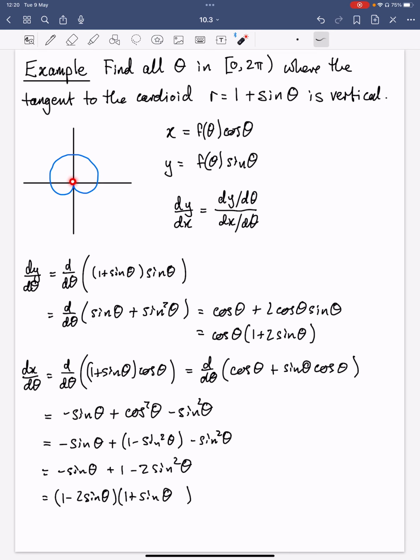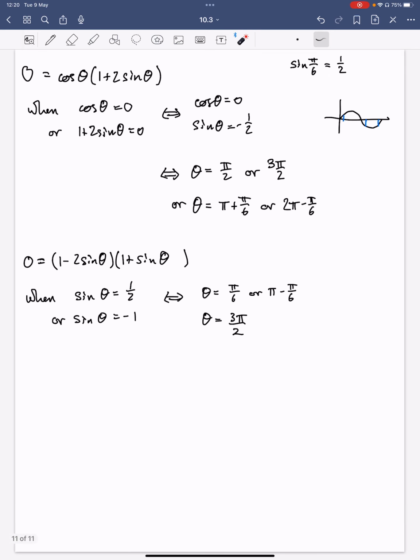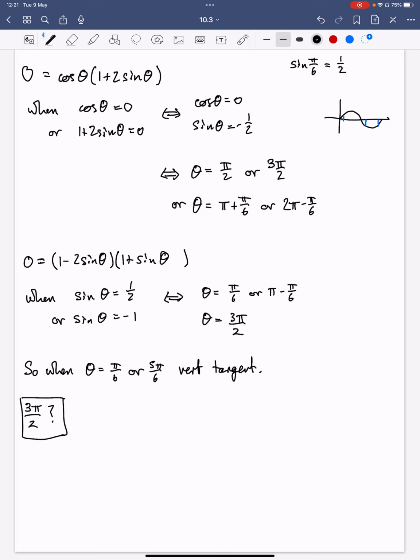And the final thing is to see what's going on at this 3 pi by 2. So when theta equals pi by 6, or 5 pi by 6, vertical tangent. And then we'll see what's happening at 3 pi by 2. So we try to take this limit.